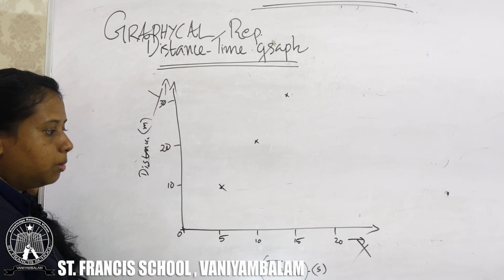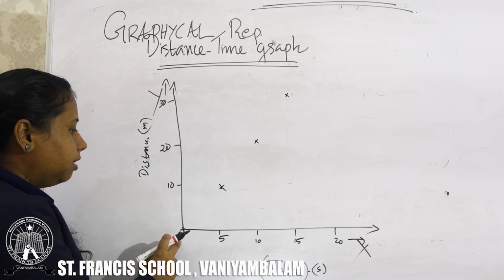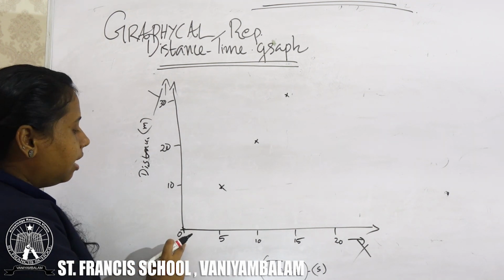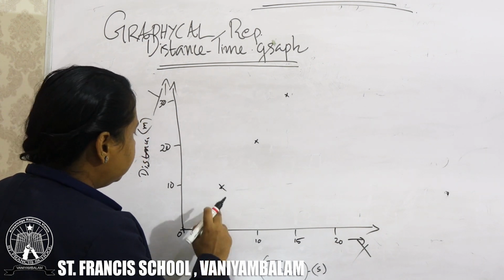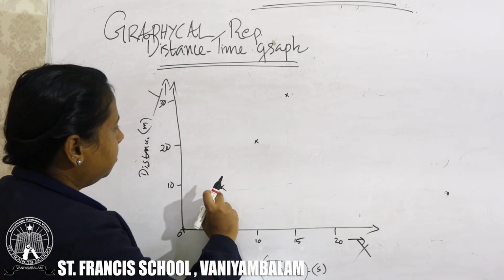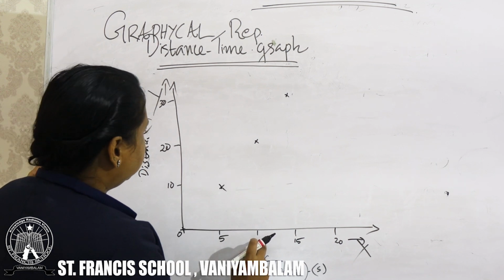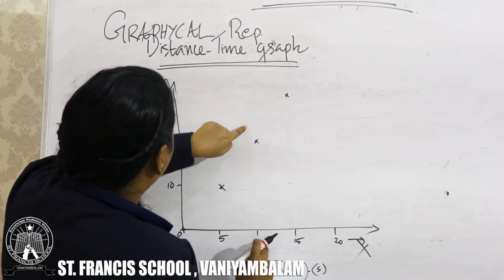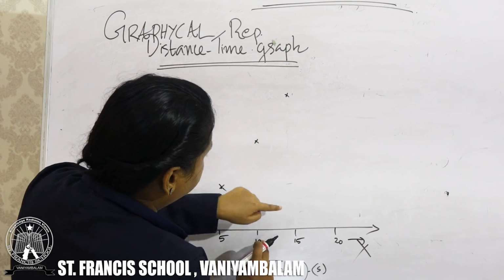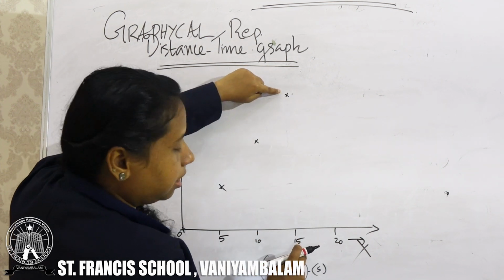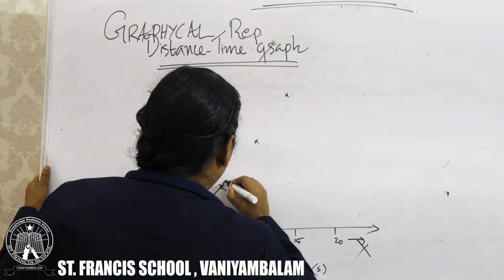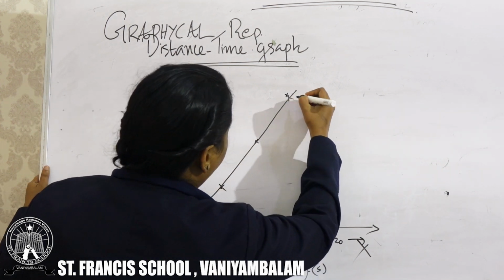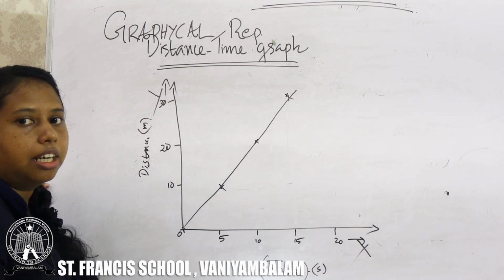Suppose one object was initially at rest, and from there it started. After 5 seconds it reached 10 meter, then it reaches 20, and next it reaches 30. If we draw a line here, definitely we will get a straight line.